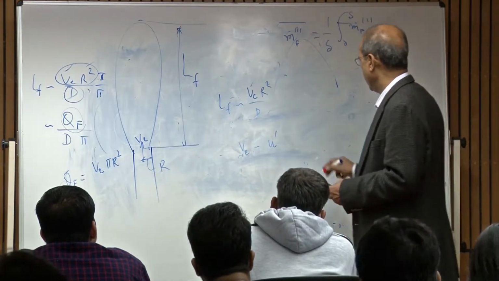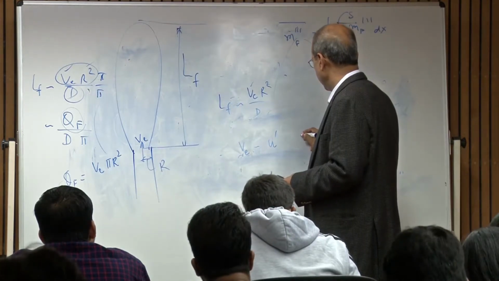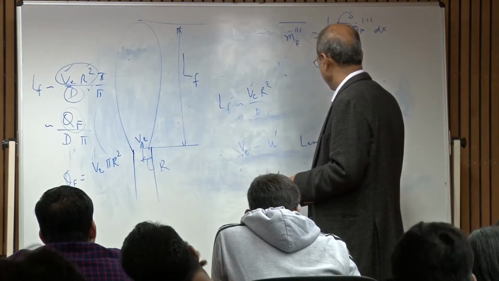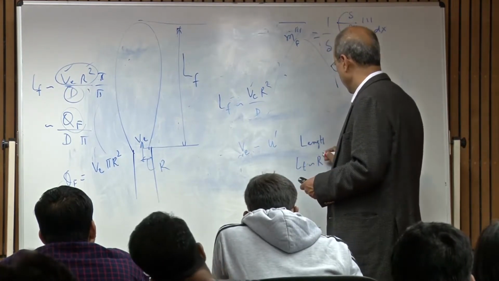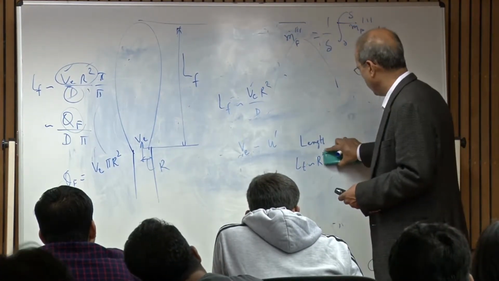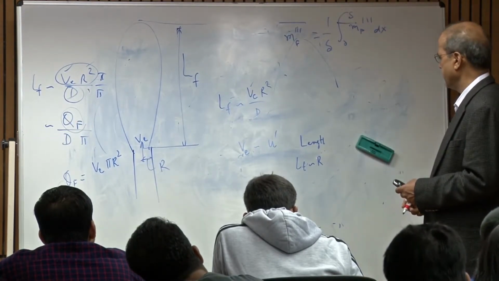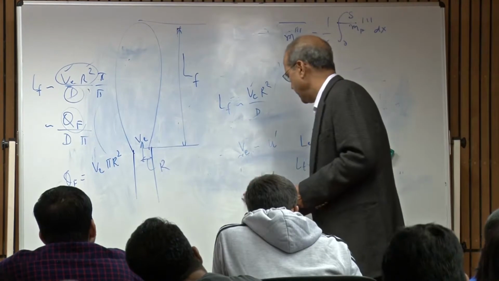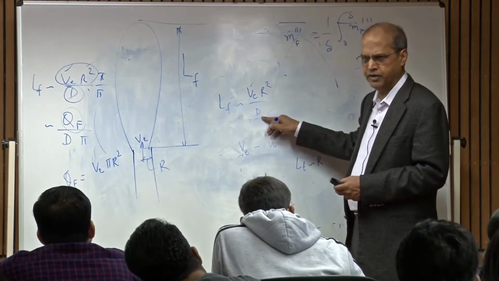And the length scale for turbulence, let's call it LT, is proportional to R, assuming that the phenomenon is governed by the large eddies. So then the diffusivity, the main thing here, this is the laminar diffusivity.